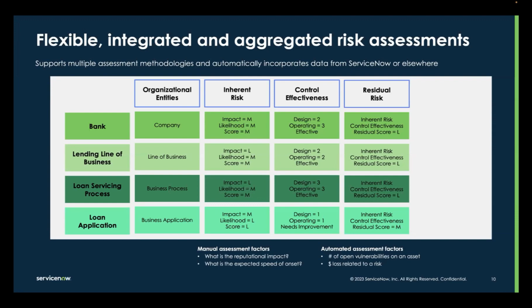If there is data within ServiceNow or outside ServiceNow, you could also use automated assessment factors to automate and make sure these risk assessments are more continuous and not outdated. So this is where the unique differentiation of the ARA comes into the picture, where it can provide a very comprehensive risk assessment engine, which can help you cater to a variety of your risk assessment needs.